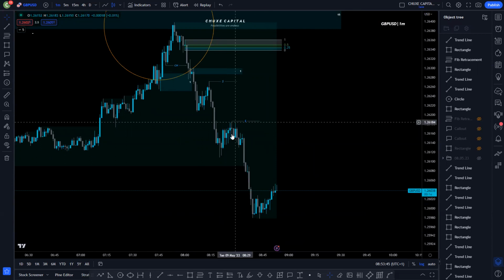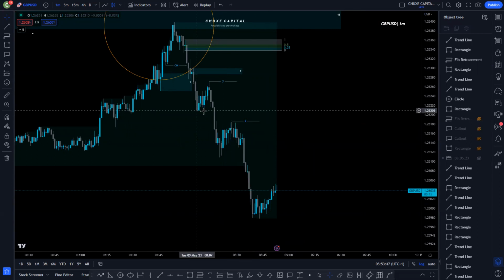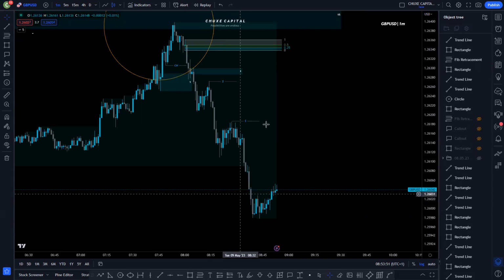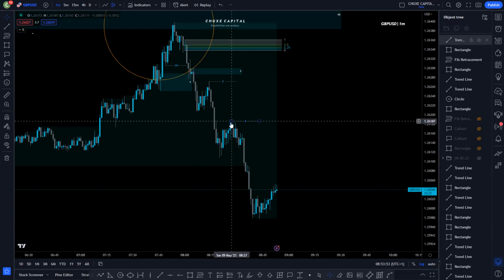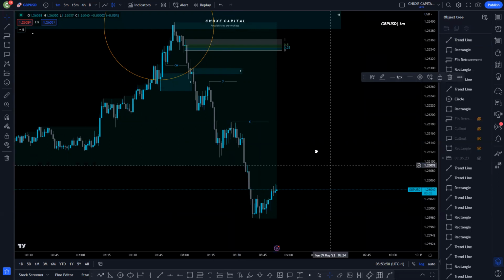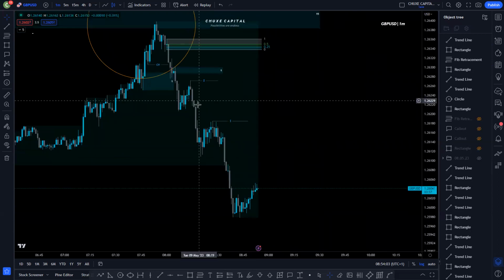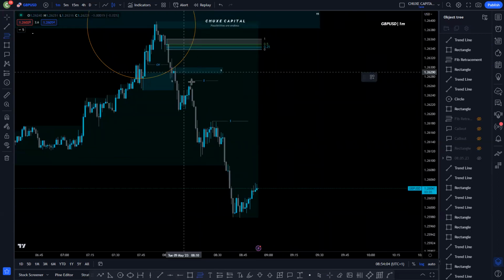So this is the first from current price action. This is the first inducement we can see here. This is the first one. So even if I want to take an entry right now, I'll be looking at entering from somewhere here.